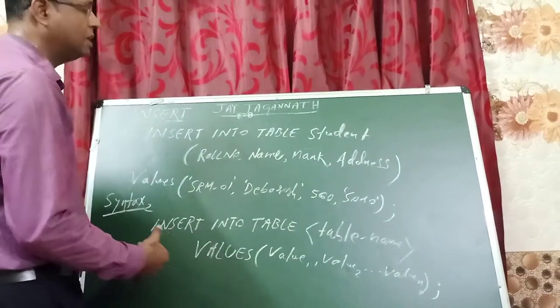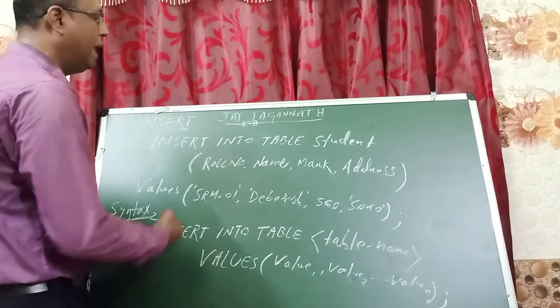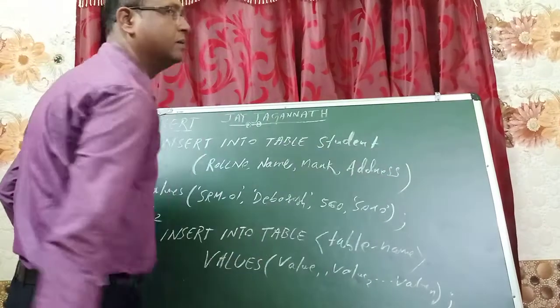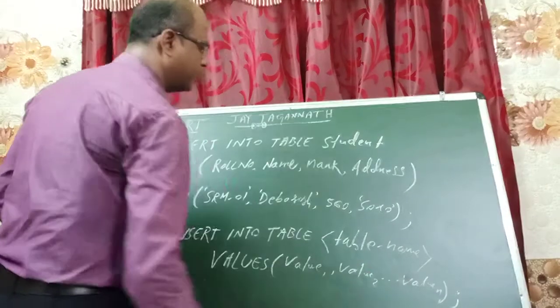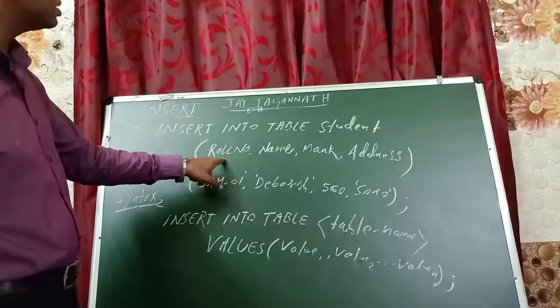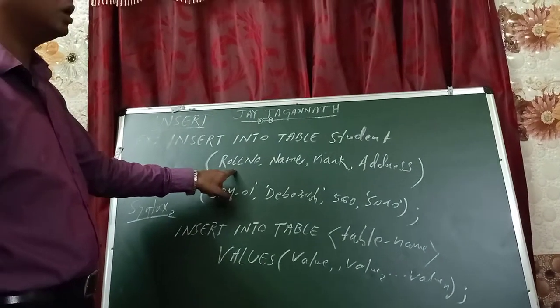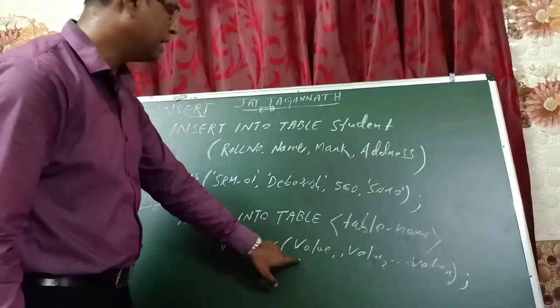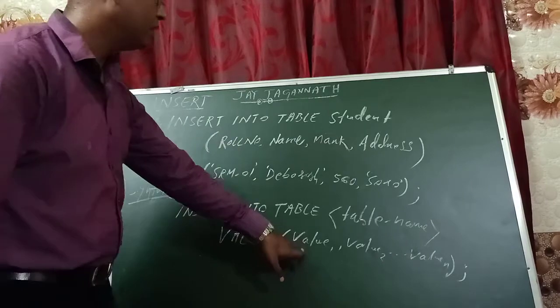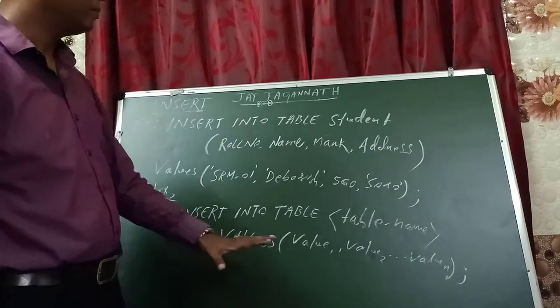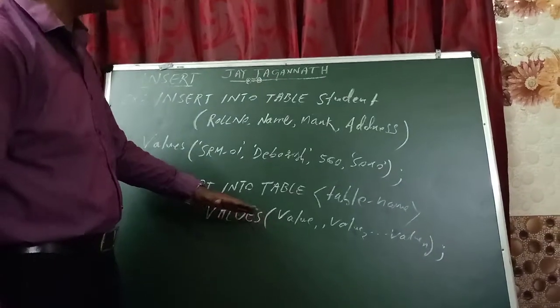You have to maintain the order as in column names are there. The values must follow the same order as the column names. For example, first column is the roll number. We have to enter here SRM01. Not that first was roll number and we enter Devasis. No. We have to maintain the order.